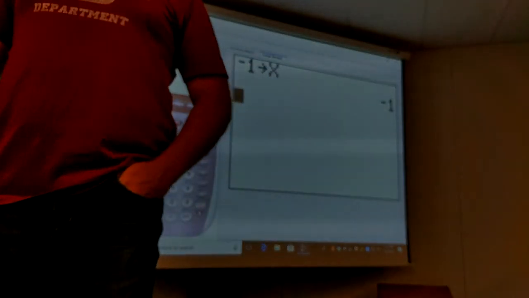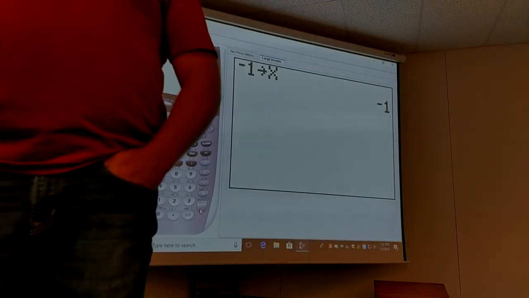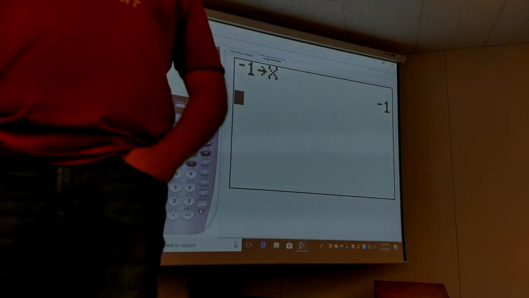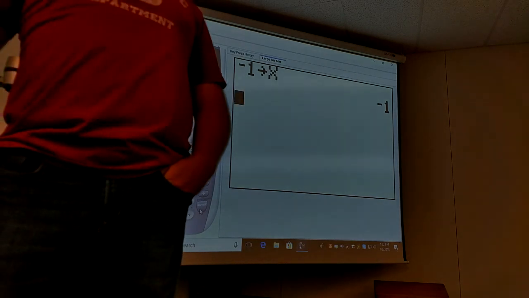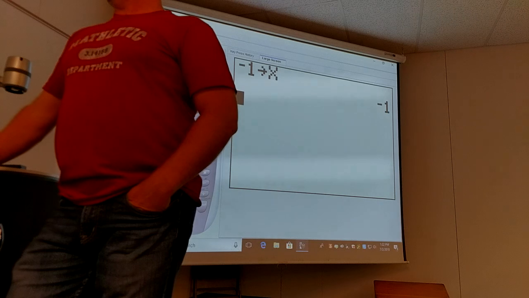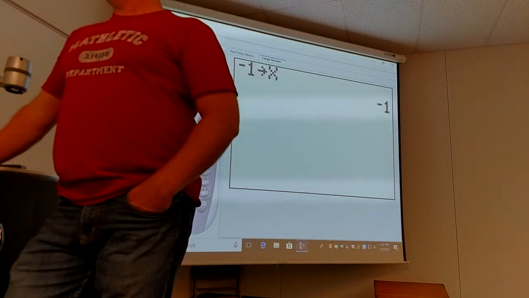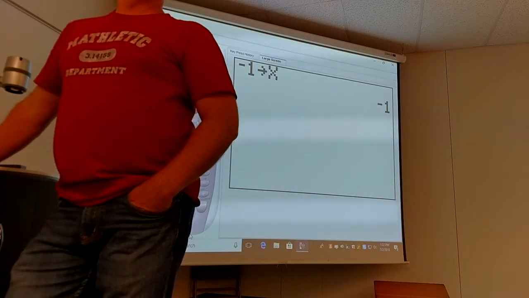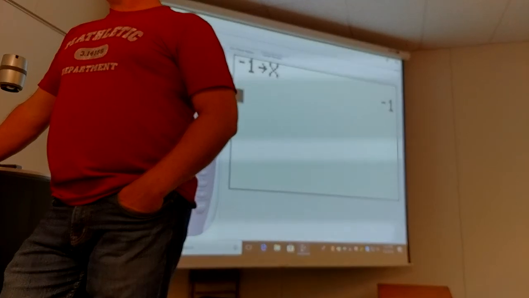The store button is awesome. It's how you store something into a memory location. X is the easiest because there's a button devoted to it, but you can use any of these other letters, A, B, C, D. Those are all memory locations.